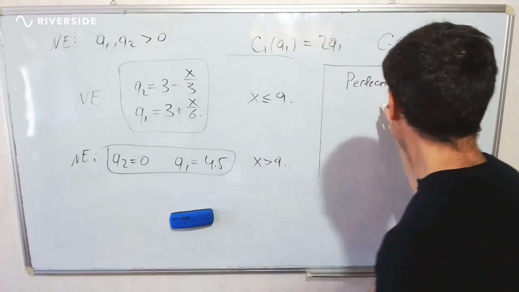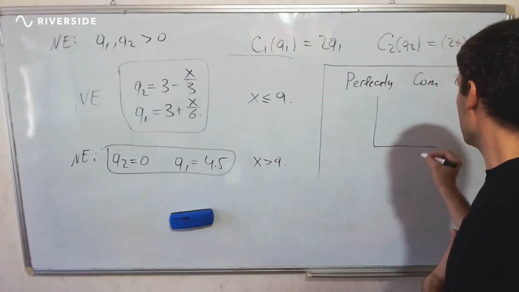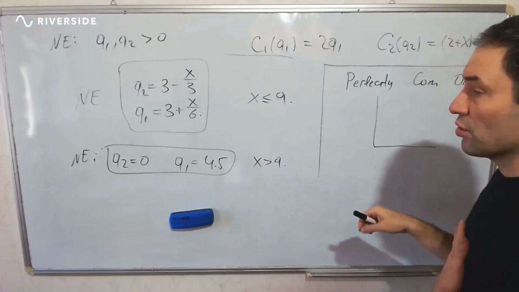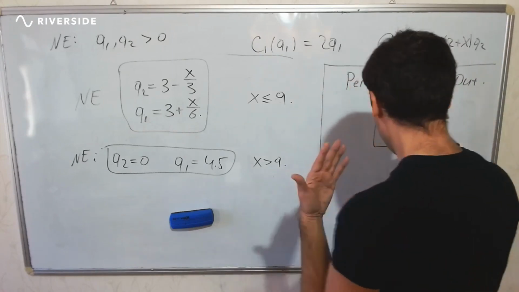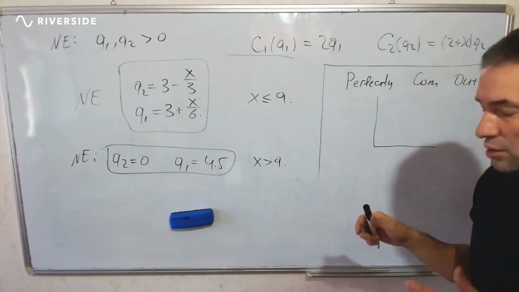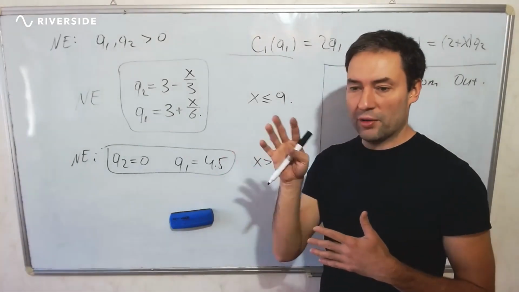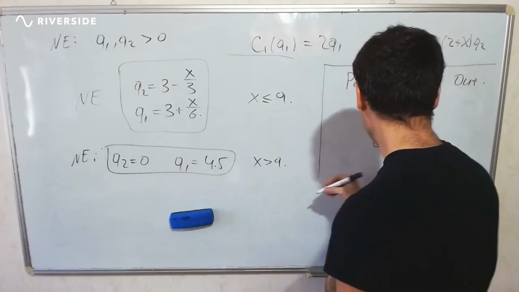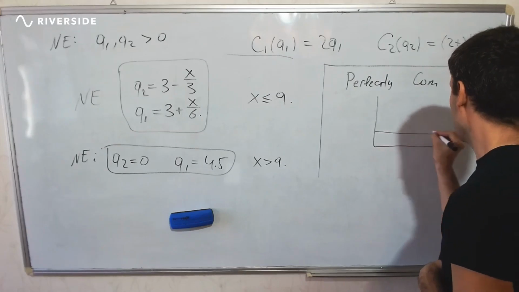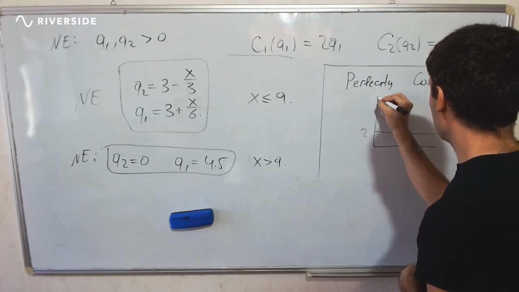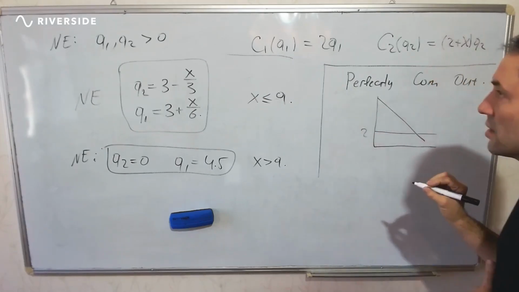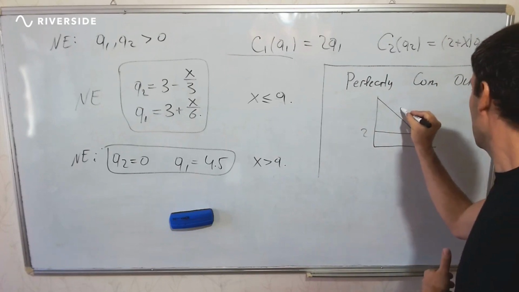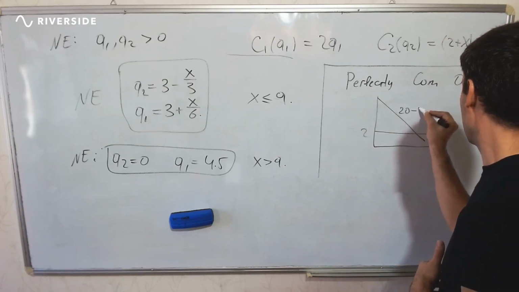But for perfect competition it wouldn't matter, because the marginal cost of the efficient firm is 2, and in perfect competition firms supply at marginal cost. Our demand is 20 minus 2Q.